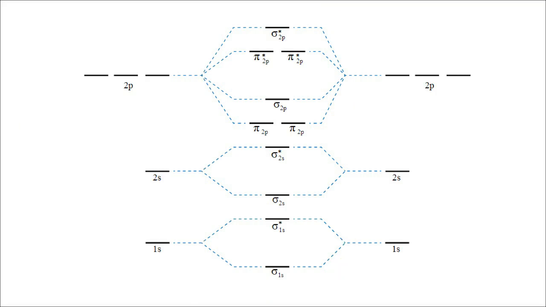Now, in these problems, we're going to be thinking about bonding, and bonding only happens in the valence shell. That's the outermost level of electrons. So here, that's going to be the second energy level in this diagram. So I'm going to get rid of that first energy level, and this is what we're going to use to solve problems involving bonding.